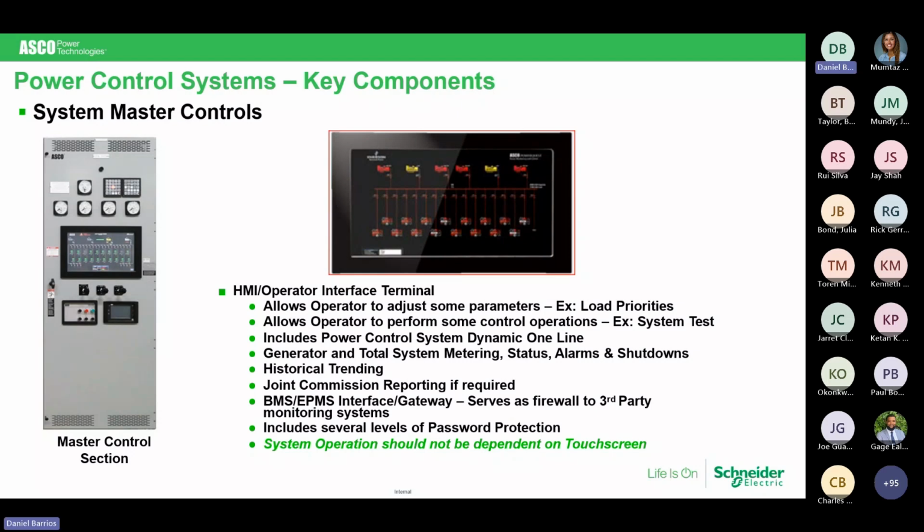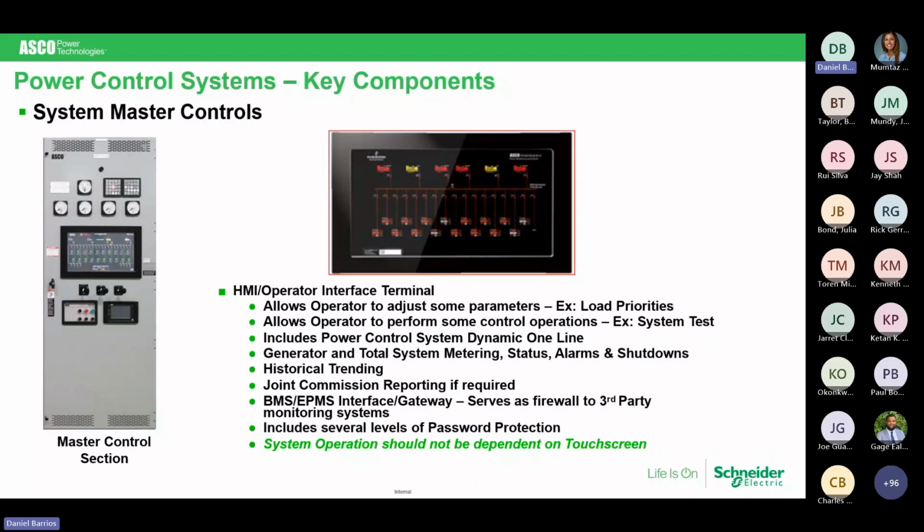An EMS, EPMS interface is obviously okay. We can work with that. When we are working in hospitals, data centers, maybe in some type of 708 facility or such, we need to work very much in coordination with the IT department.